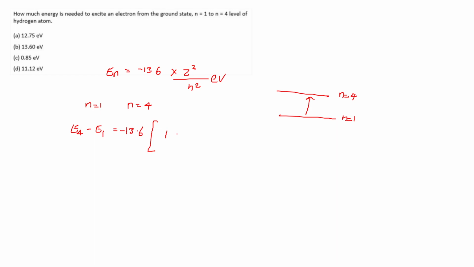So the first term will be 1 minus 1 over 16, which is 15 by 16 into 13.6. So just calculate it, it will be 12.75 electron volt. So this will be the answer. So first option will be the answer.